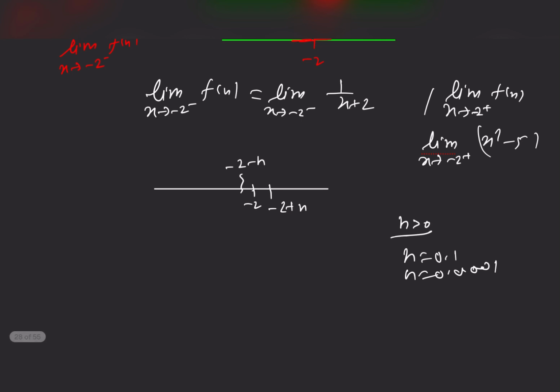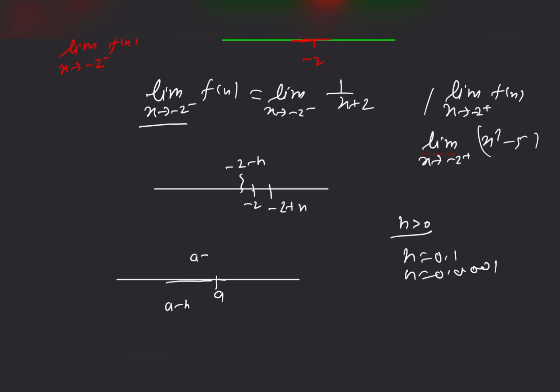Now I would like to find out the left hand side limit, and also discuss what it means by left side and right hand side. Suppose you have any arbitrary number a. On the left side we can denote a minus, and a minus can be written as a minus h.